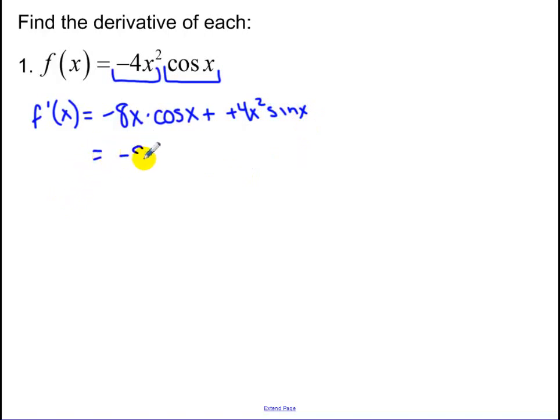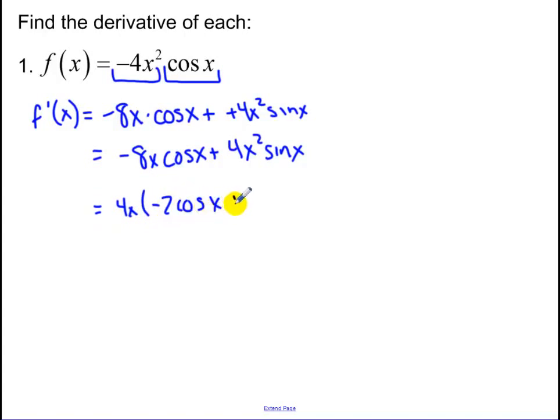So our derivative is negative 8x cosine x plus 4x squared sine of x. I'm okay with you guys leaving it like that. If you want to factor out a 4x, you could.